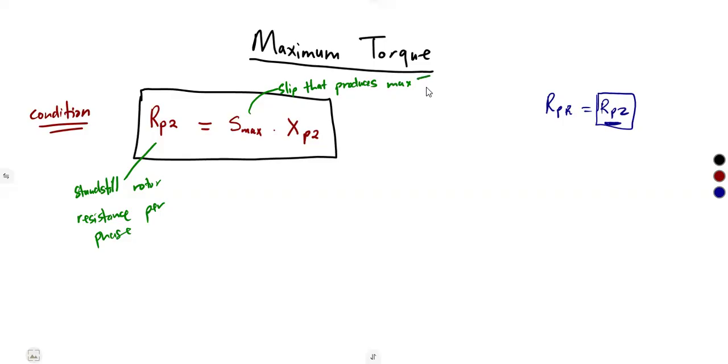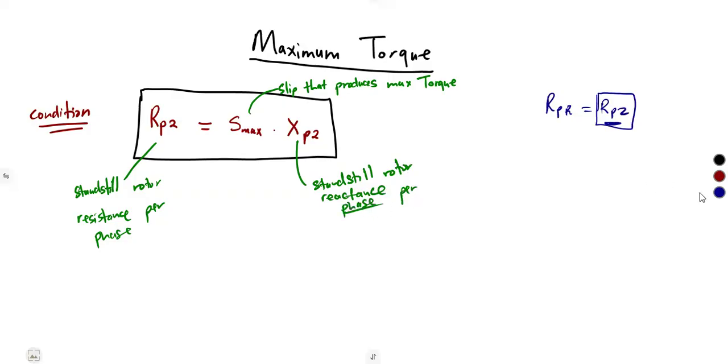And our reactance at standstill, remember the denotation of 2. So that's our standstill rotor reactance. So remember these are taken per phase.